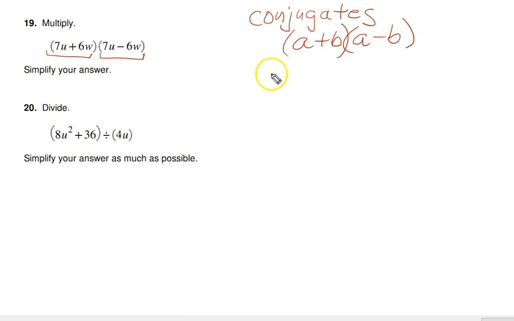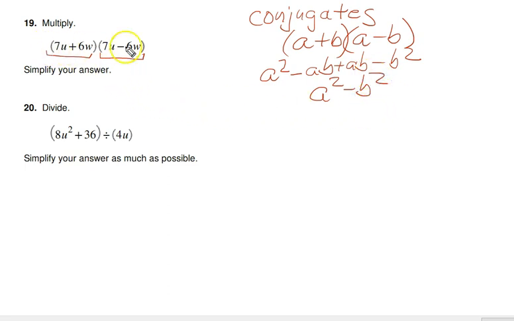So when you multiply conjugates, FOIL them, you get A squared minus AB plus AB and then minus B squared. Well, when you multiply conjugates, the middle terms cancel each other out. So you end up with A squared minus B squared.